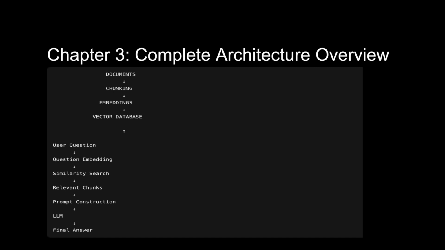Suppose a PDF contains 100 pages. After chunking, 500 chunks are created as chunk 1, chunk 2, chunk 3 till chunk 500. Chunk 1 contains employees are entitled to 20 annual leaves. Chunk 2 contains, suppose, unused leaves may be carried forward. Chunk 3 contains employees receive medical insurance.